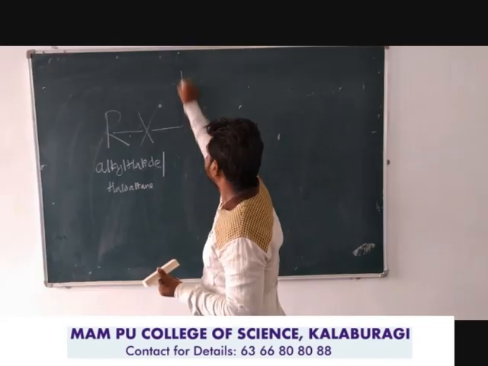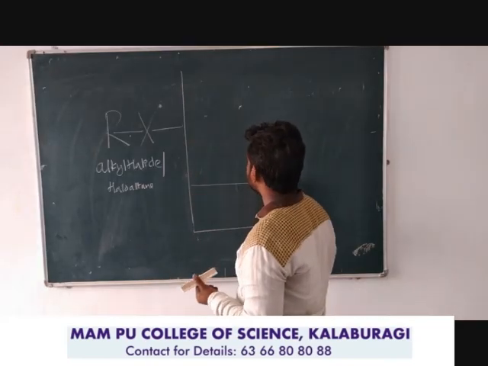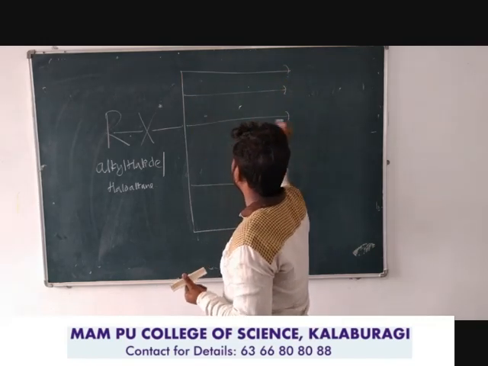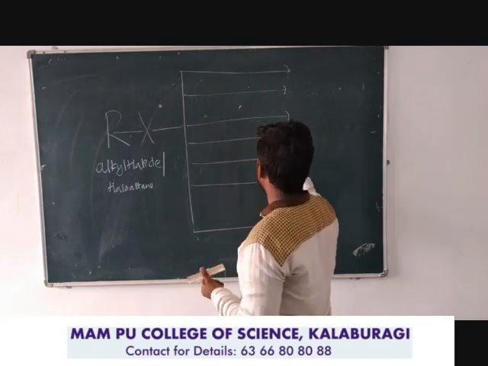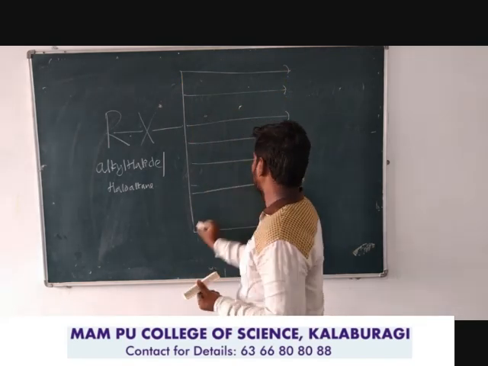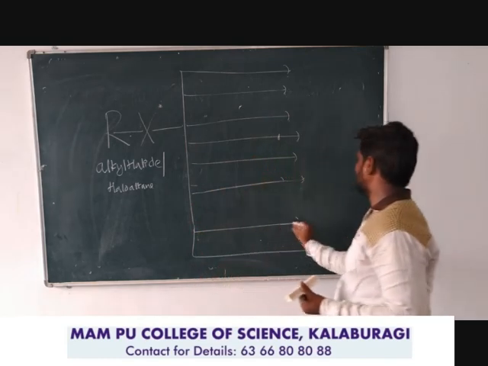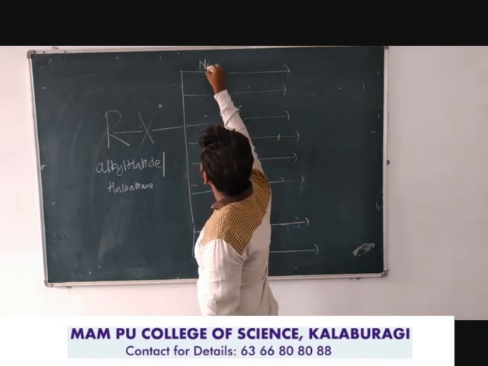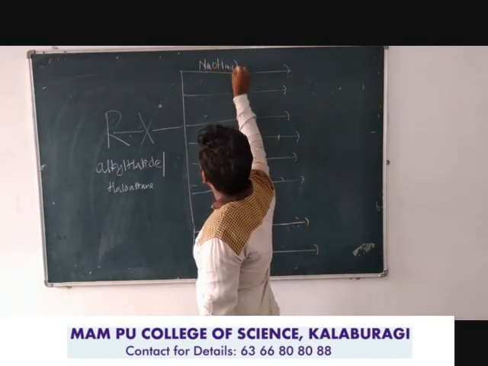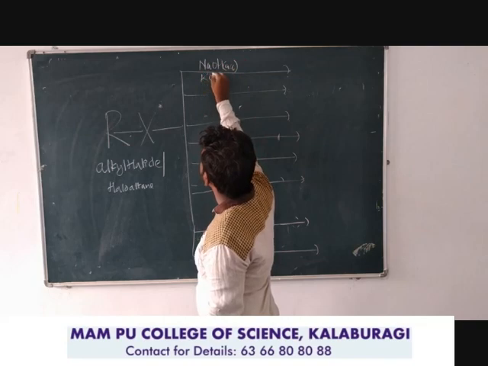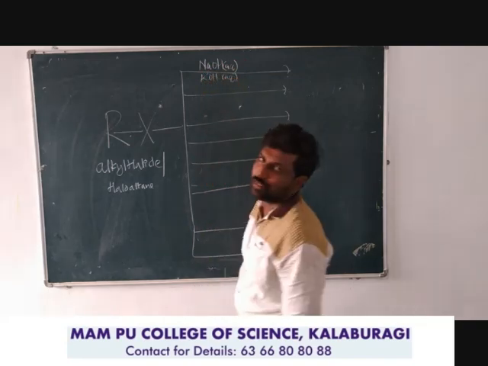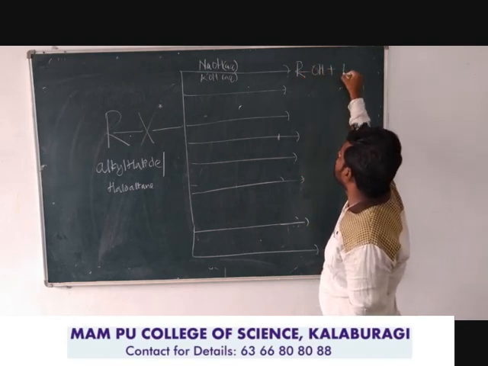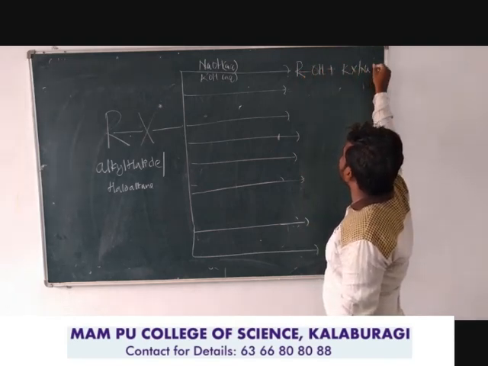See here, totally 8 reagents we discussed: first one, second one, third one, fourth one, fifth one, sixth one, seventh and eighth one. See here, alkyl halide when it reacts with aqueous NaOH, the aqueous medium is very important here, or aqueous KOH, the product is alcohol and the byproduct is KX or NaX.